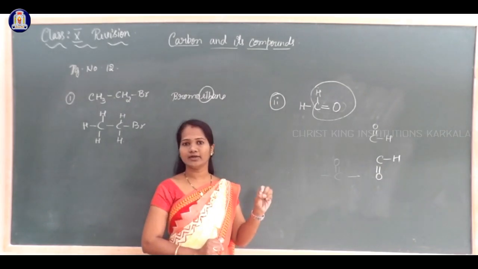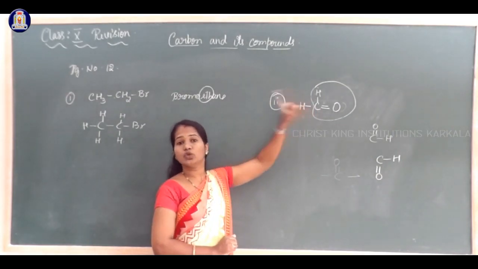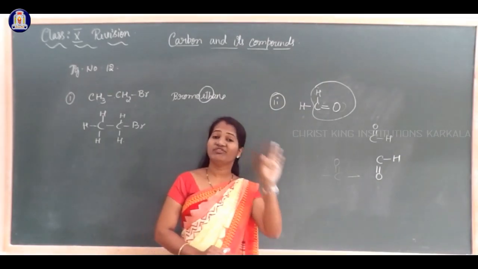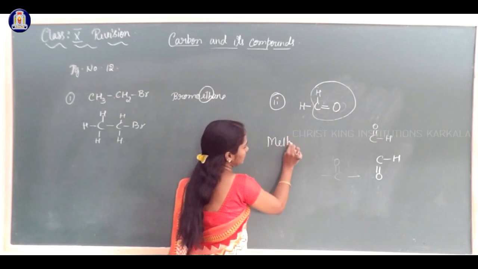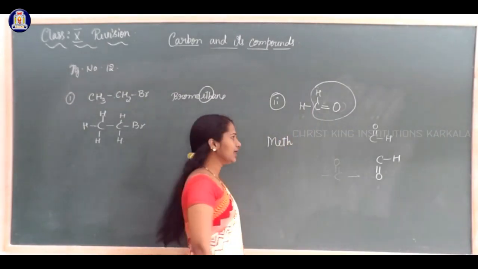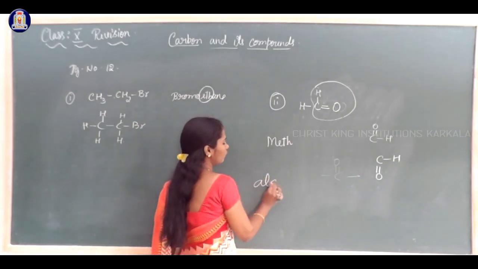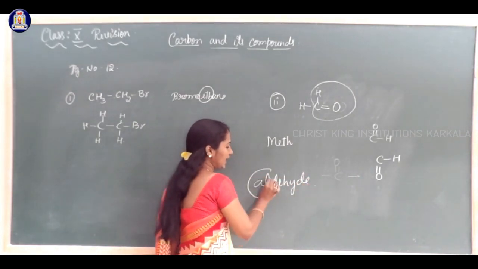That is aldehyde group. So here only 1 carbon is present. If there is only 1 carbon, the prefix we have to give is meth. Meth is the prefix. Only 1 carbon. So aldehyde. For the aldehyde group, what suffix do we have to give? We have to give the suffix al.